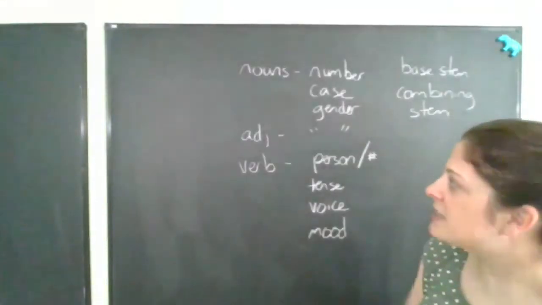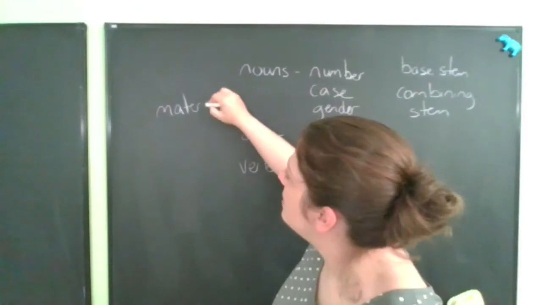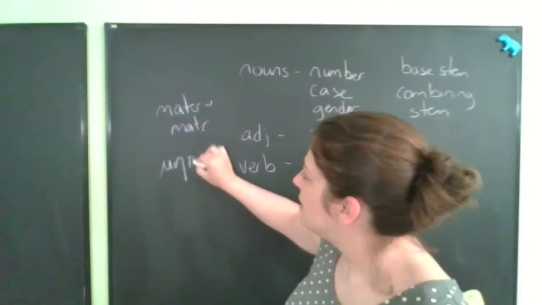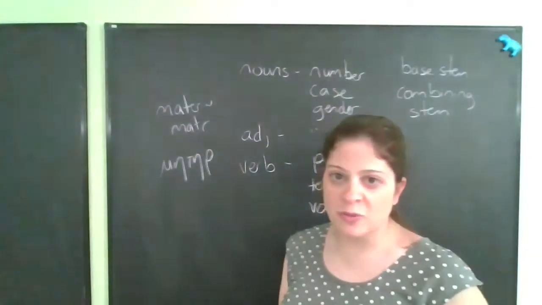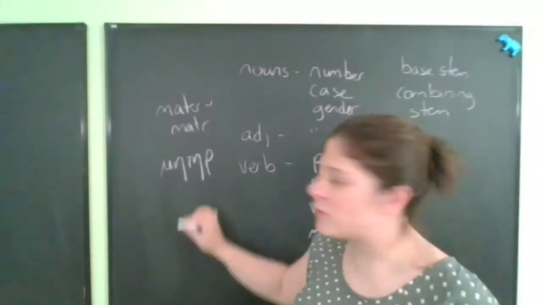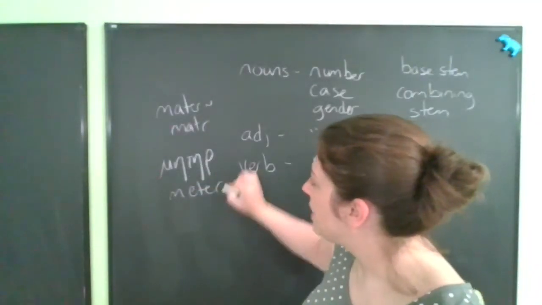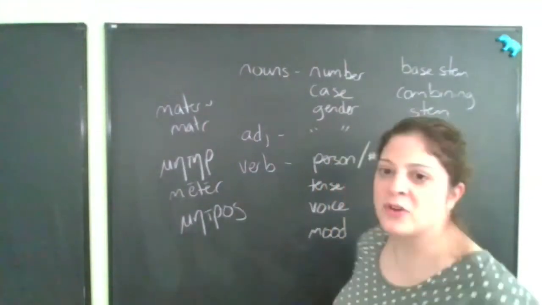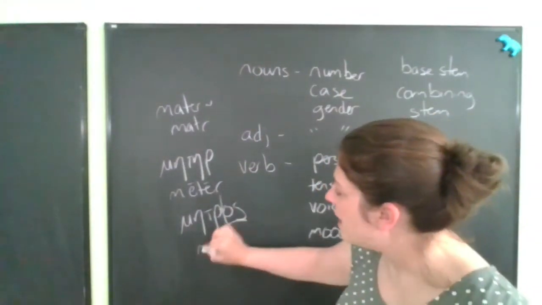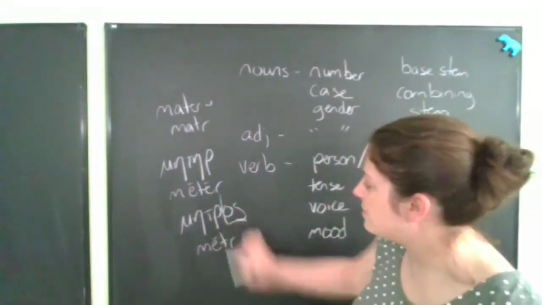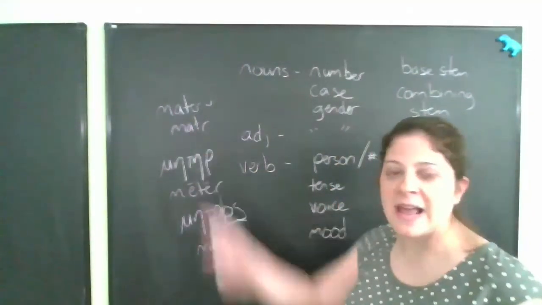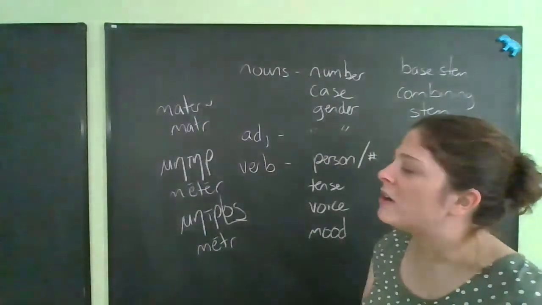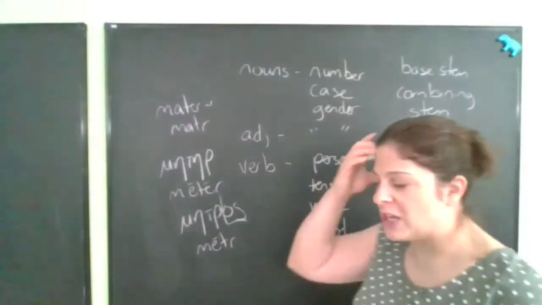When we looked at mater and matra, this is reminiscent of how in Greek your Greek word for mother is meter, that's your base form, and then your combining form, we derive from something like metros, where we take off the ending and we're left with metr-. But those long E's here are an A in English. So it has a base form and then the combining form that it uses to give you your words with endings. And we can use either of these in English.